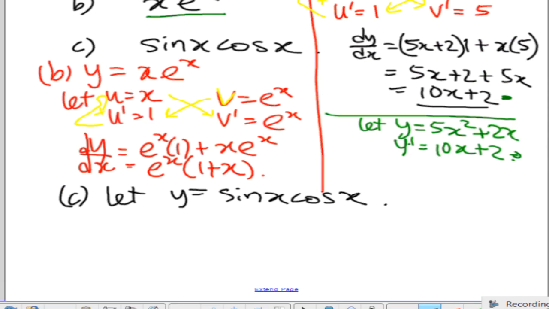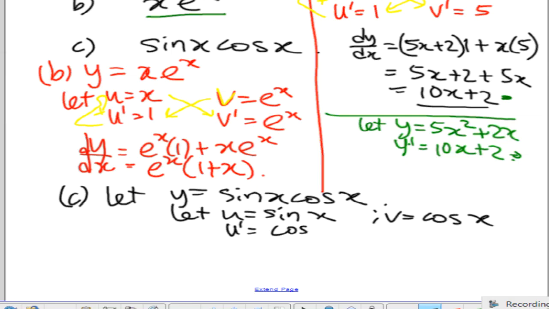Now let u equal sine x, and v equal cosine x. So u dash in this case is cosine x, and v dash is negative sine x.